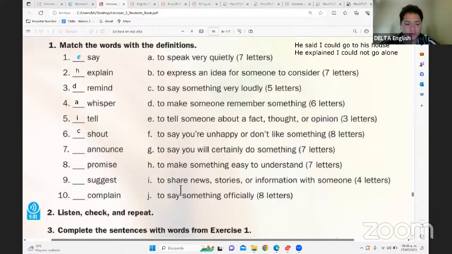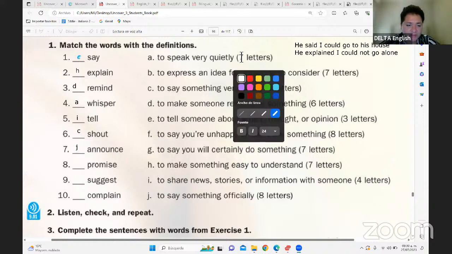Very well. It can be to say something officially. I think it's J. J, very well. That's announce. So from here we get the word announcement. Okay, the next one is promise.